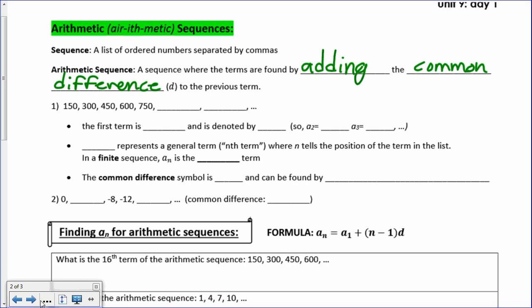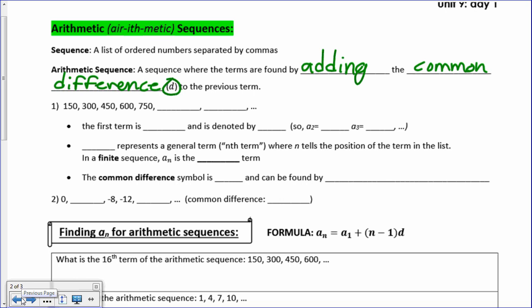You pick a number and add it onto each number as you go along. That's what an arithmetic sequence is. Now, you have to be able to figure out what number you're adding on to create the pattern. That's called D. When you see the symbol D, that's what they're talking about, this thing that you're adding each time. So here's an example of an arithmetic sequence.